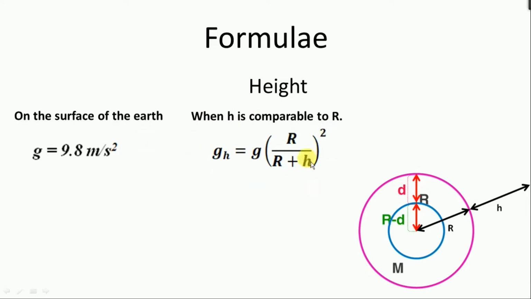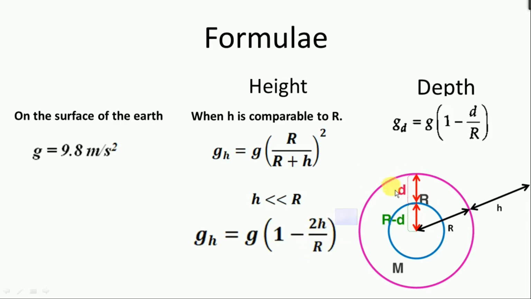This is the formula when the height is very large or comparable to the radius of the earth, and if the height is very small and not comparable to the radius of the earth, then we will use gh = g(1 - 2h/R).